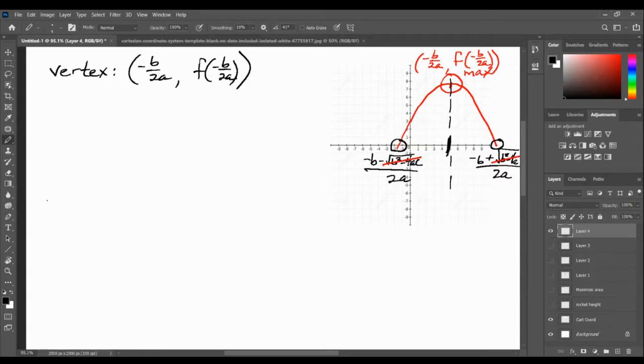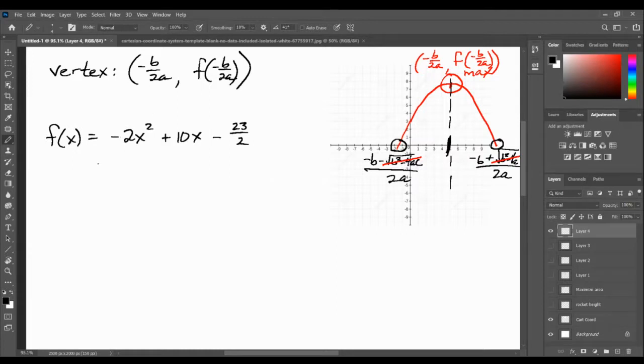So if I've got f of x equals negative 2x squared plus 10x minus 23 halves, and I need the vertex, I can complete the square on this.